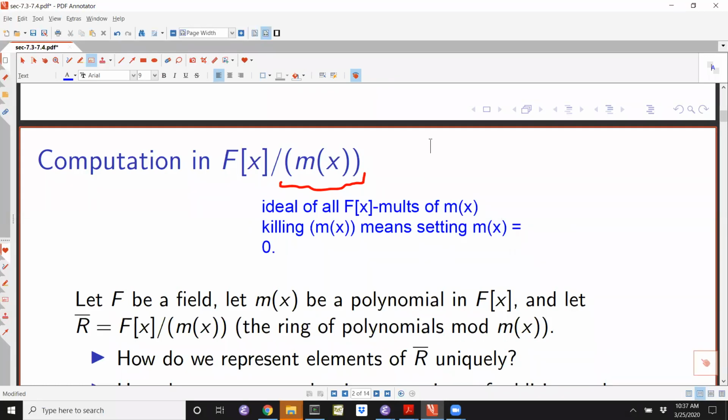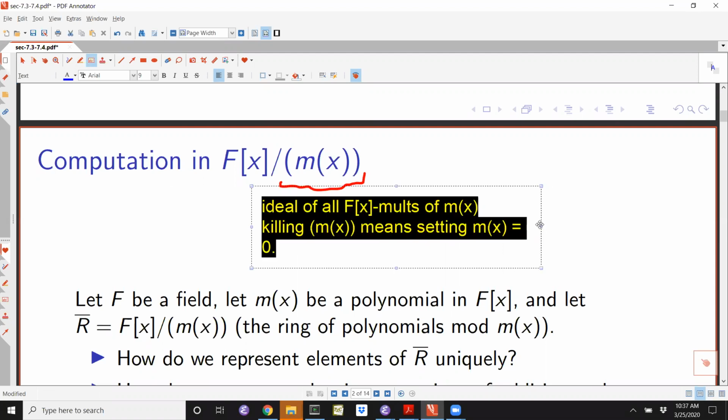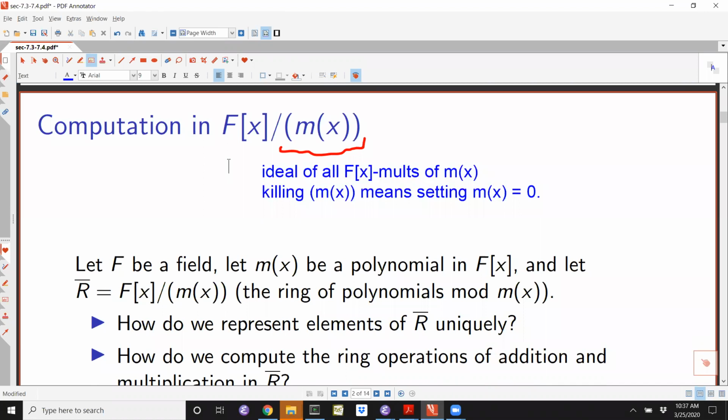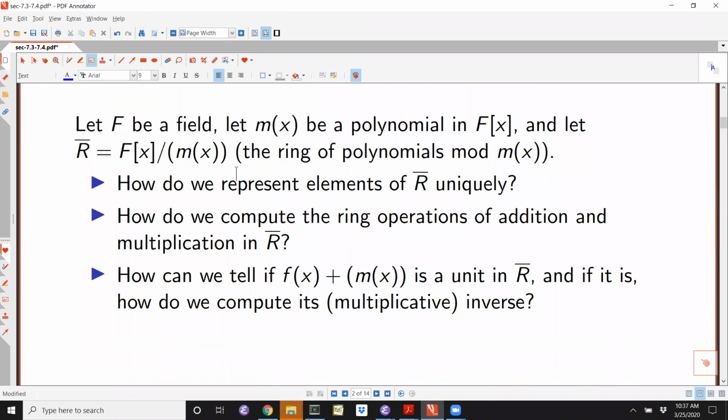Killing M of X means setting M of X equal to 0. That's what that's about, really. So we're looking at the ring that you get when you take all polynomials with coefficients in capital F and you set M of X equal to 0. Let's call that new ring R bar.